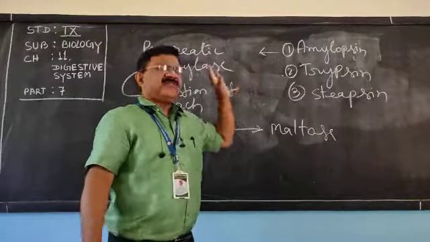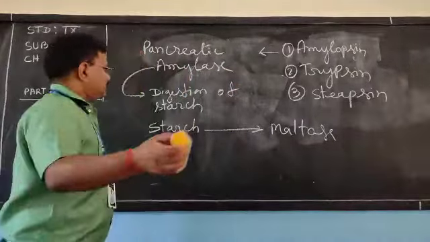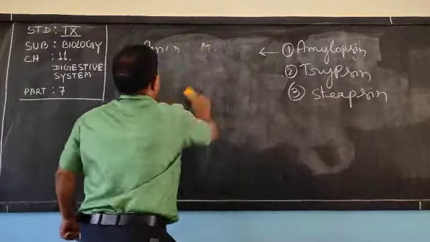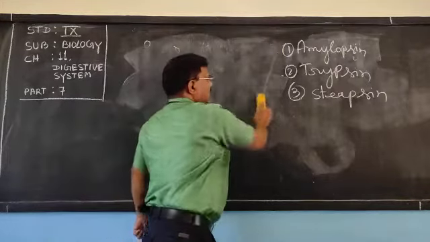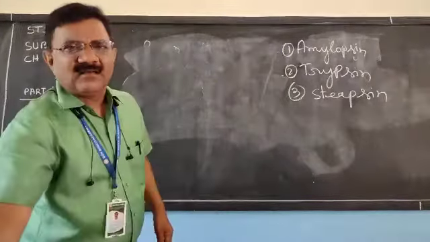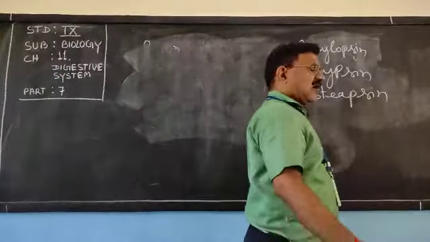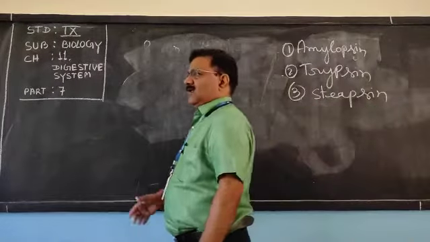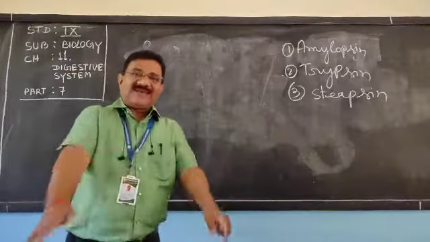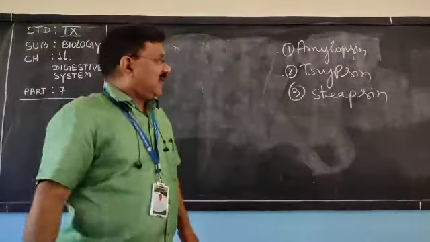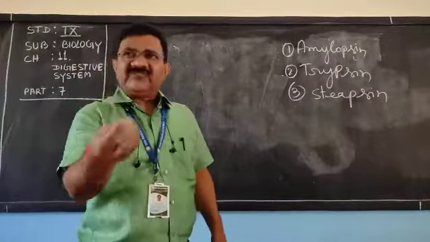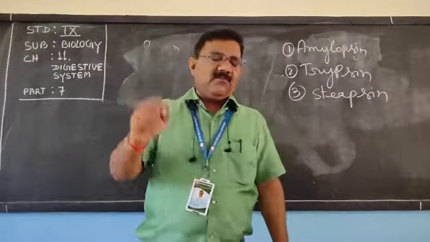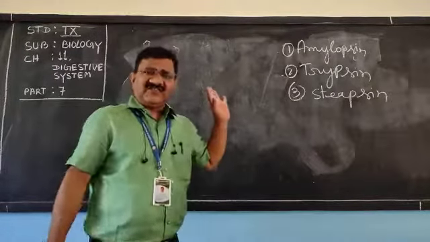Next, trypsin. Amylopsin understood. Now coming to trypsin. While we eat, our food contains starch, fat, protein, different nutrients, and those nutrients are changed into a simpler form so that they can be absorbed by our body. So the next thing is trypsin.